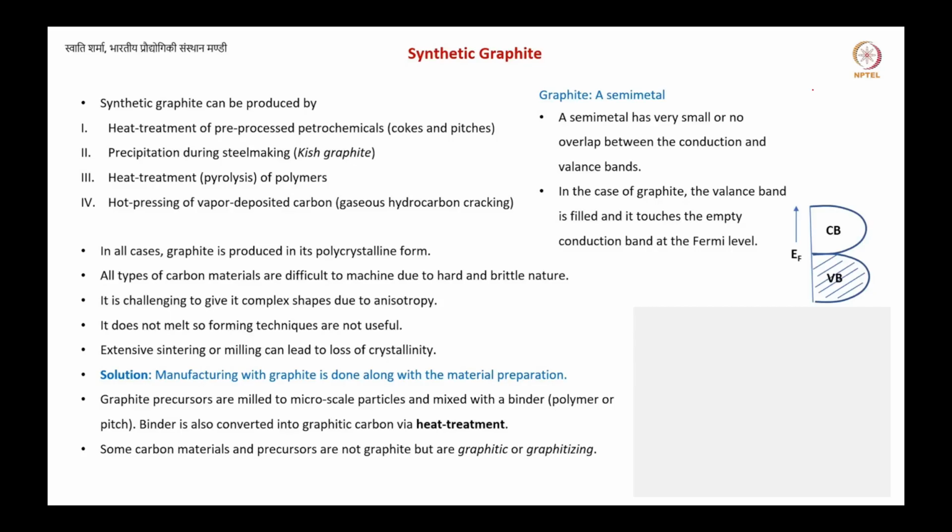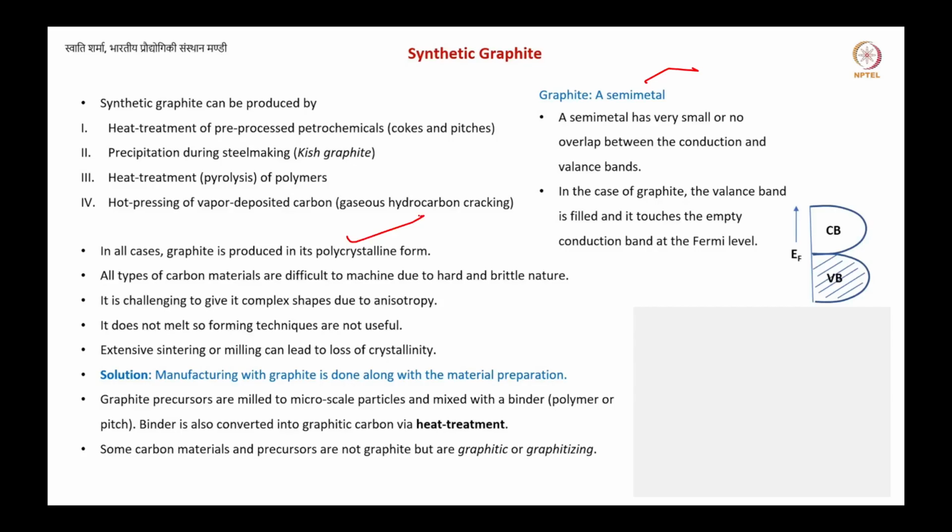In this, how is synthetic graphite produced? First is heat treatment of pre-processed petrochemicals. Then precipitation during steel making, which gives kish graphite. Heat treatment of polymers. Hot pressing of vapor-deposited carbon. So in all cases, graphite is produced in its polycrystalline form. Remember, in all the cases it is produced in polycrystalline form.